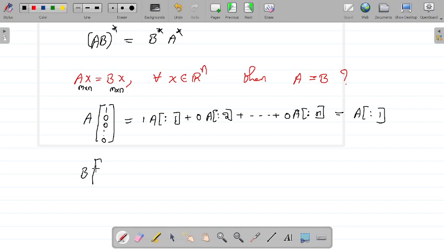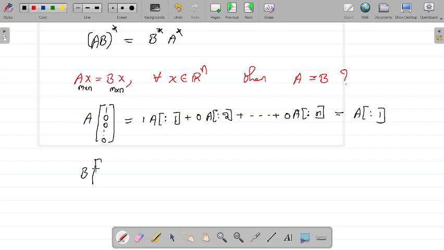If the third row is expressed as 2 into first row minus 3 into second row, then in AB, after calculation, you can see that the third row is the same as 2 times the first row minus 3 times the second row.